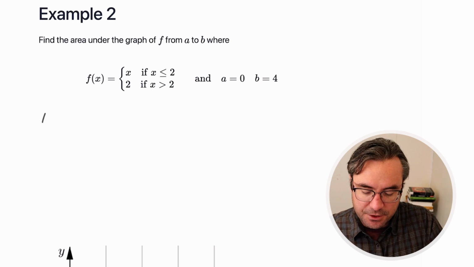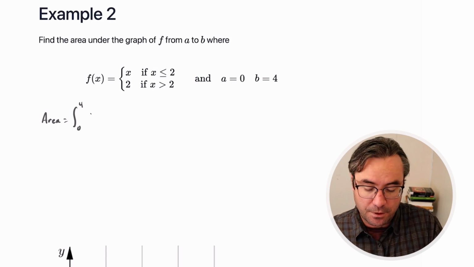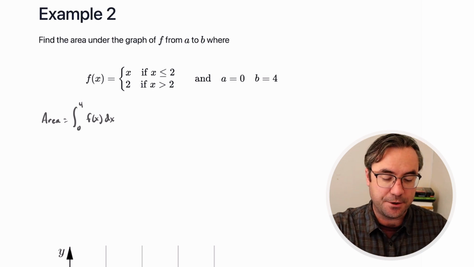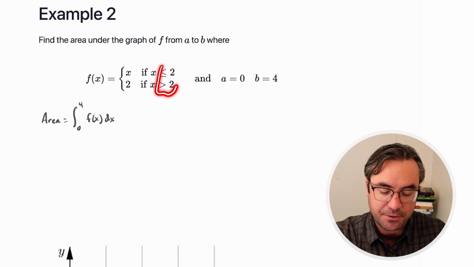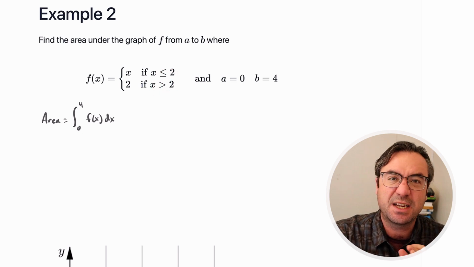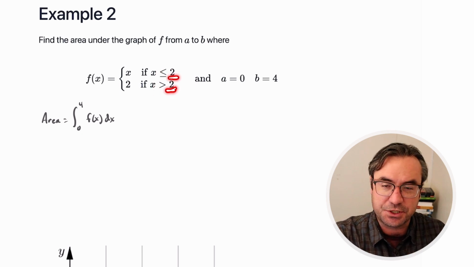So the area of our function is going to be the integral from 0 to 4 of f of x dx. Now the issue here, again, is that this is a piecewise function, and the pieces split apart at x equals 2.